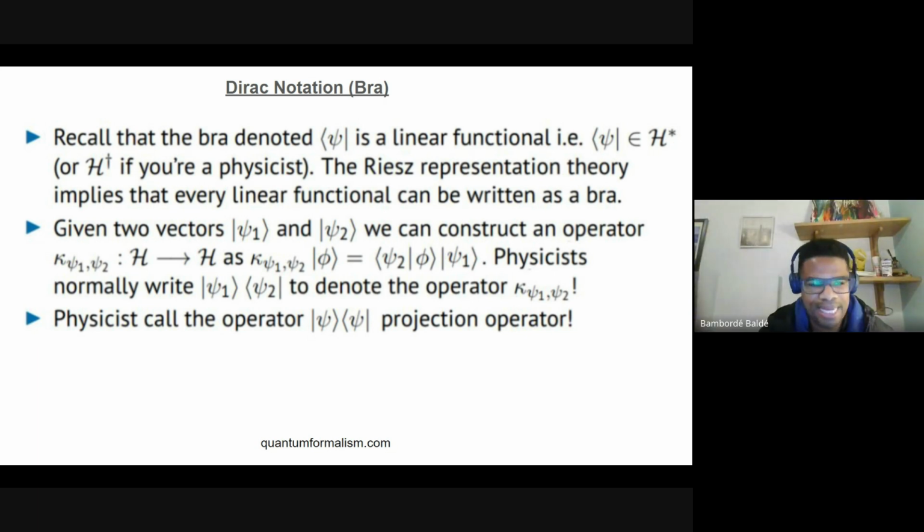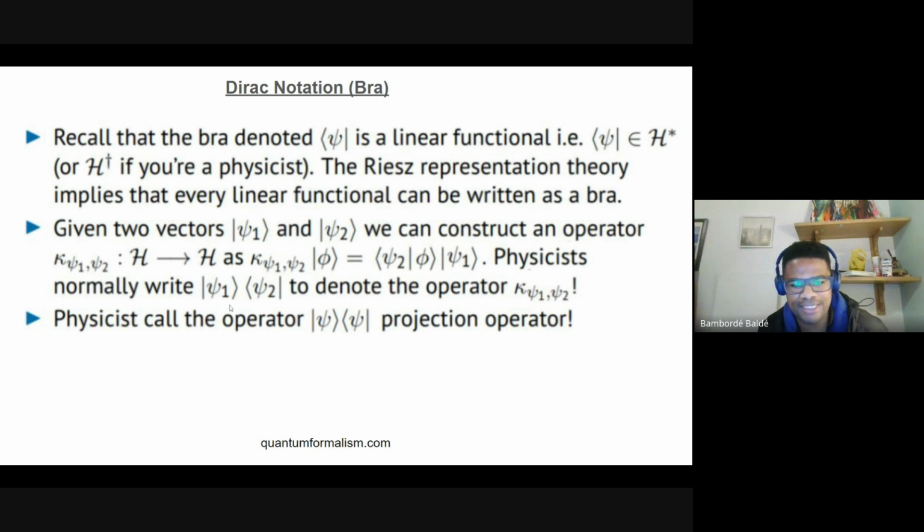Another nice thing is that when you have two kets, so basically a ket is just a vector, but physicists put it in this bracket with the angle. Notice the difference between this and the angle; it is pointing that way. Then you can make this construction here, which physicists write like this.